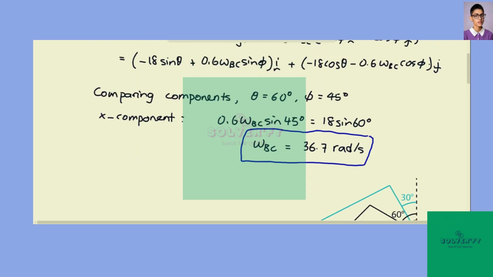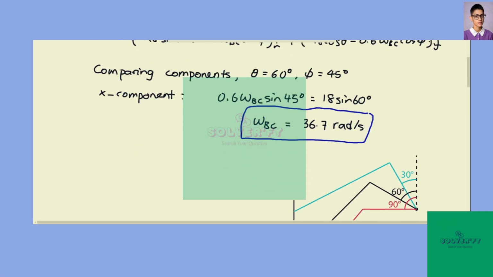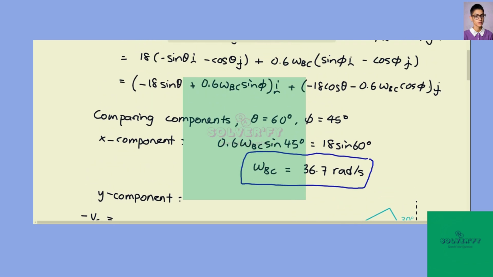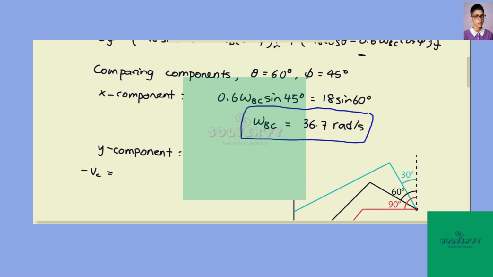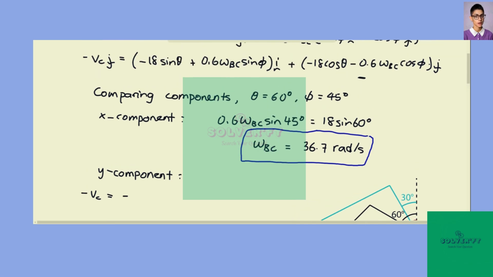Then you compare the y components. In the y component we have minus VC J, so minus VC is equal to this part: minus 18 cosine 60 degrees minus 0.6 omega BC cosine 45 degrees.